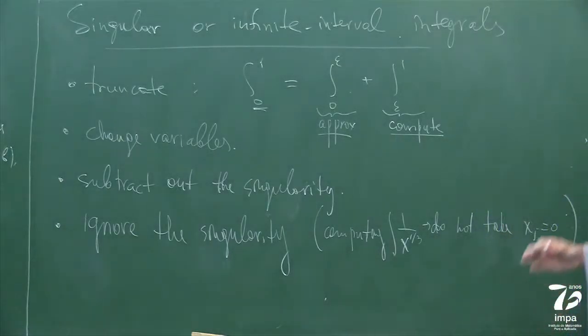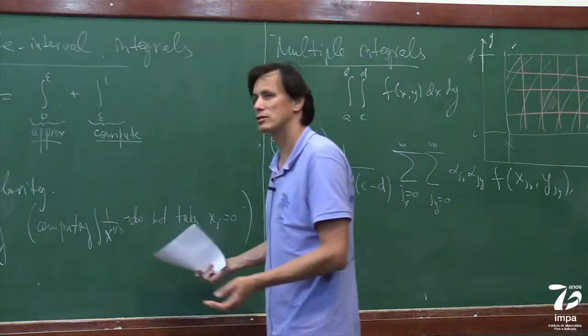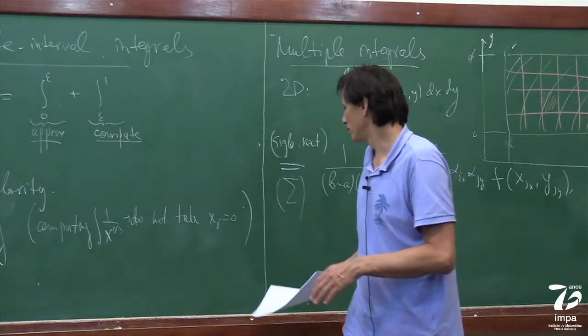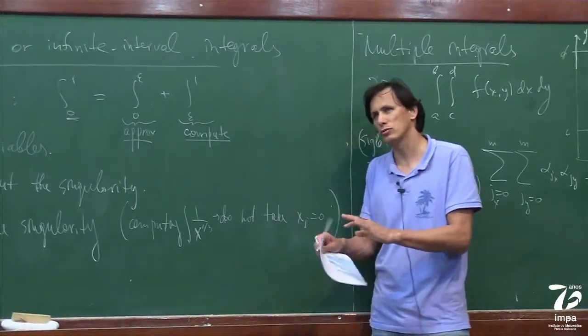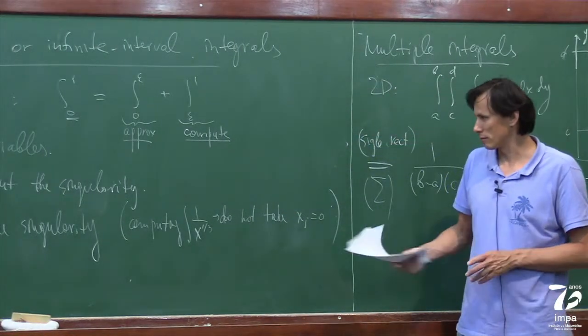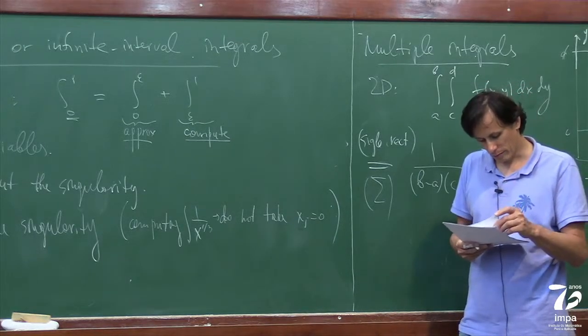Just don't put a point at the singularity where you want to compute the function. This usually converges very badly, but that's a way. If you're lucky not to put a point exactly at the singularity or too close, then it may work. But convergence can be bad.